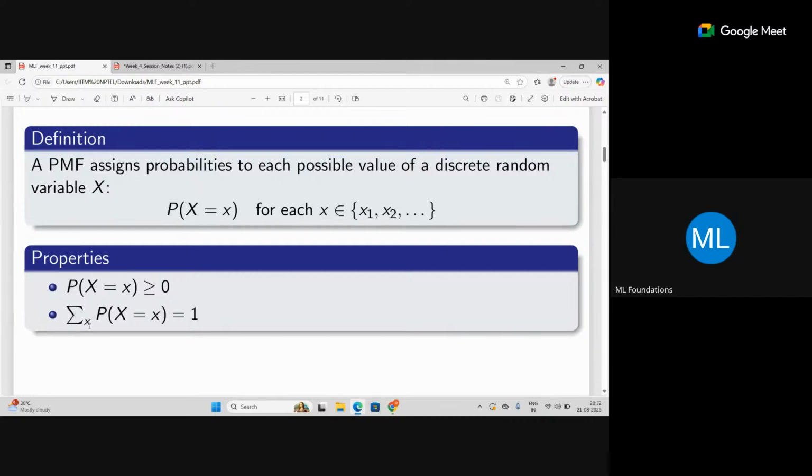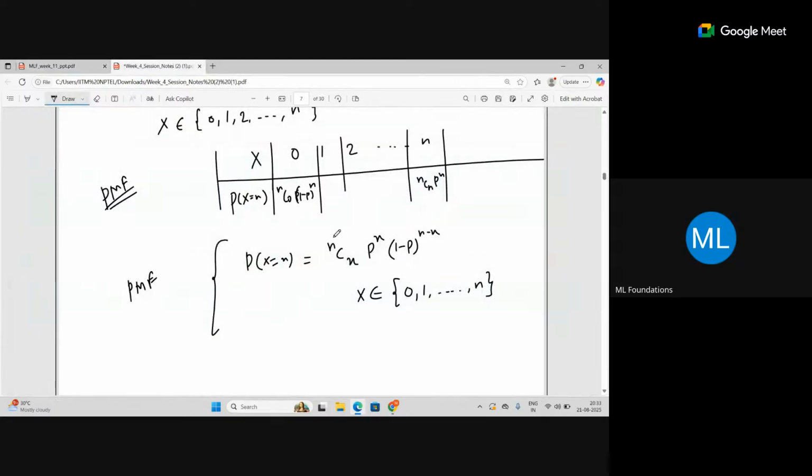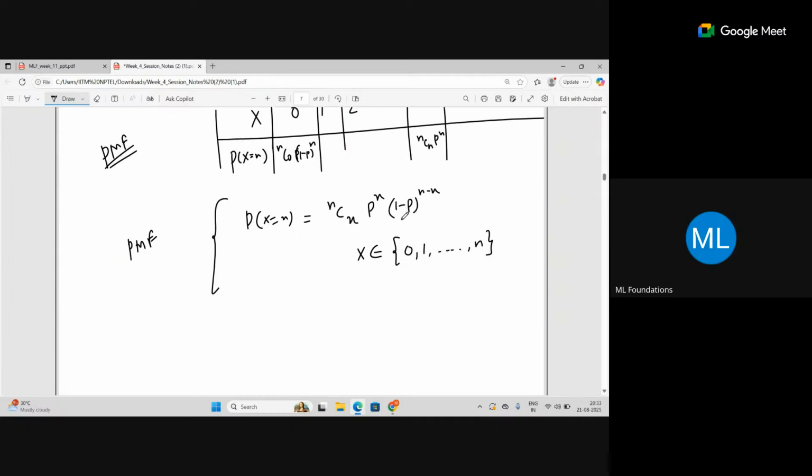What is the second statement saying? The sum of the probabilities over the range of the values taken by the random variable should be equal to 1, correct? So in this case, how should I write it down for a binomial random variable?